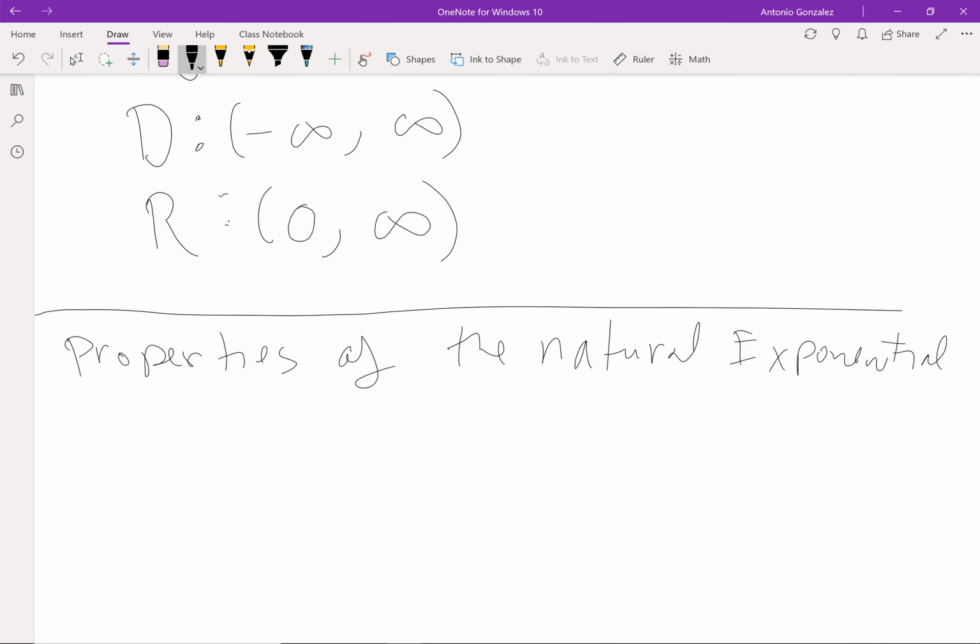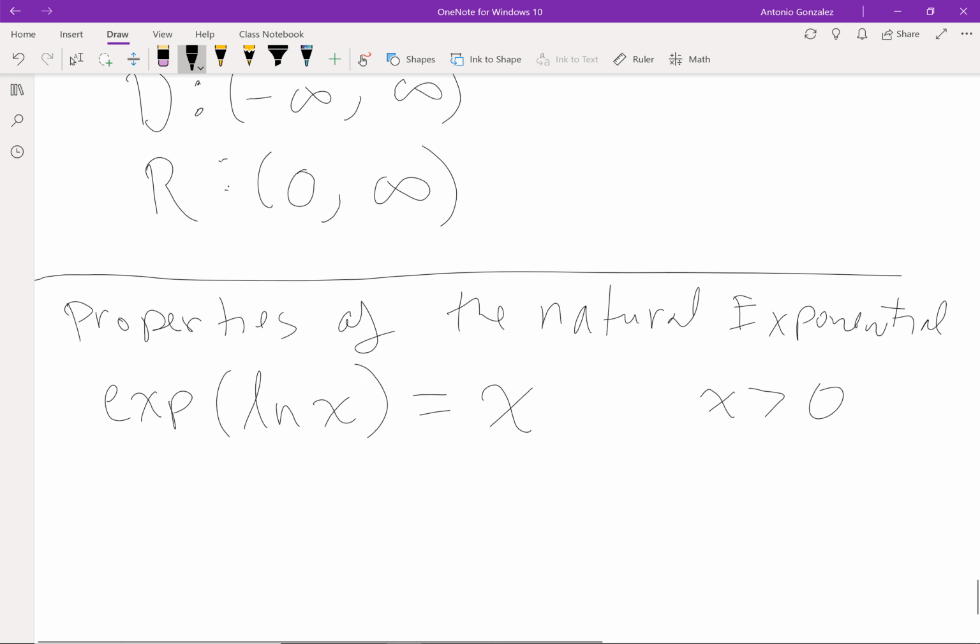One of the properties is that the composition leads us to the value of x, as long as x is in the domain of the natural log, so this will be true for all values of x greater than 0.